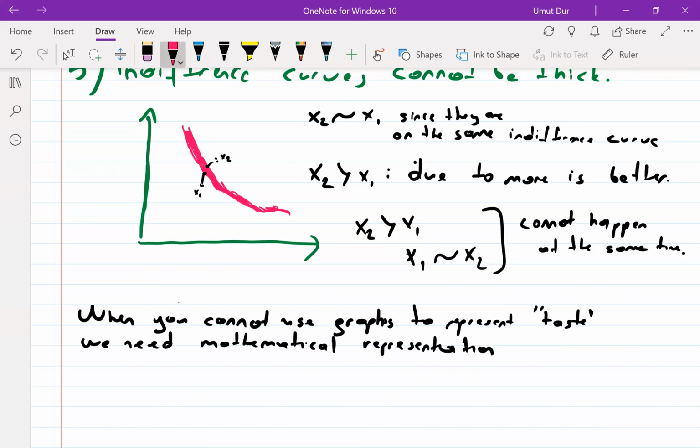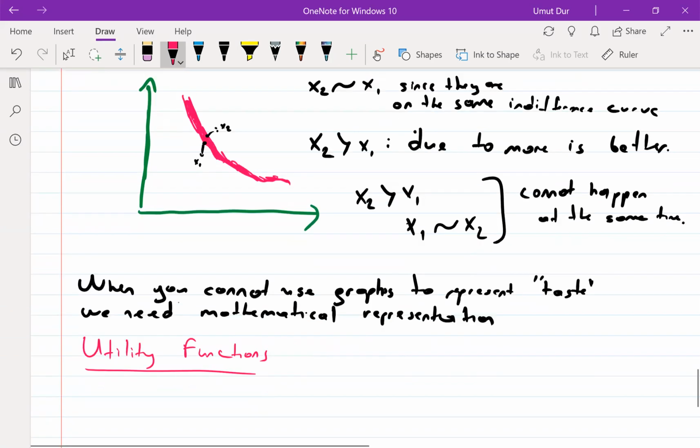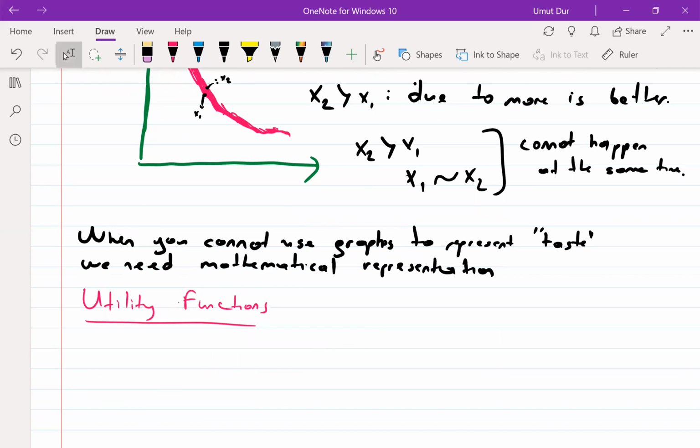Okay, and we do it by a function called utility functions. If you remember the first chapter that we covered, we started representing the demand and supply with graphs.